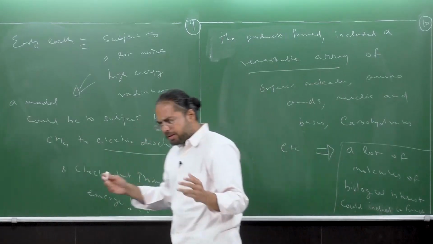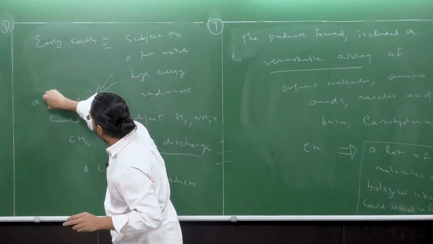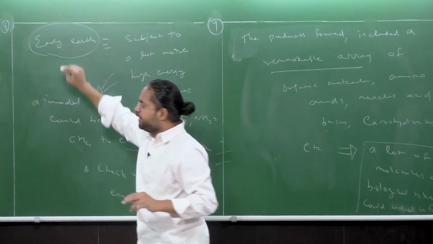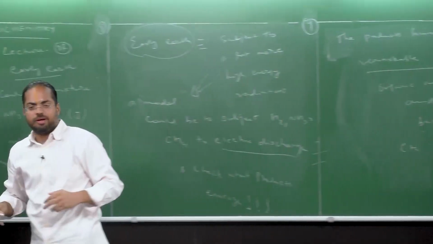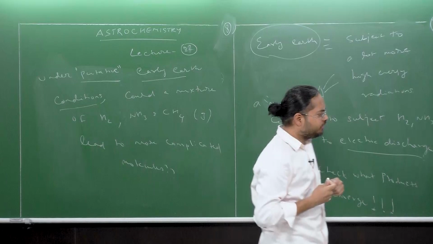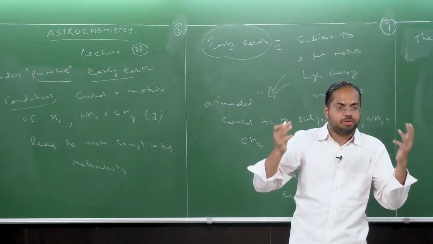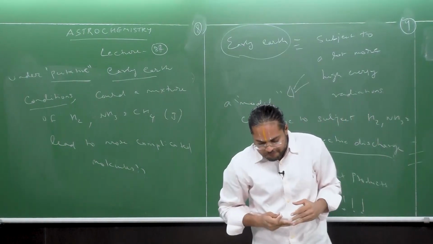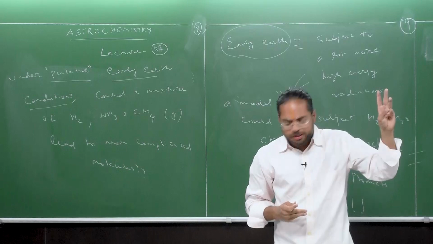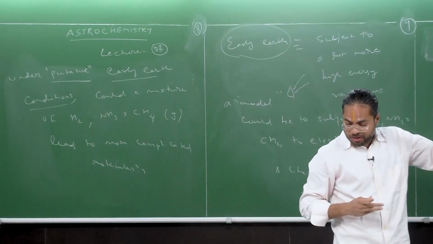And of course, this model of early Earth is highly debated. I mean, why should it only be H2, ammonia, and CH4 gas? These gases were called reducing gases. A lot of geologists have also modeled early volcanic scenarios, wherein you have a mixture of carbon dioxide, carbon monoxide, and nitrogen.